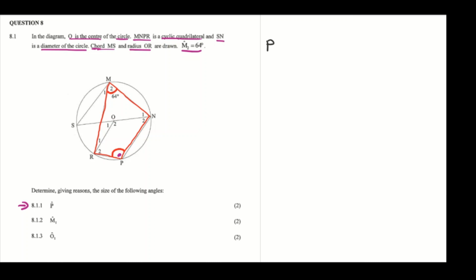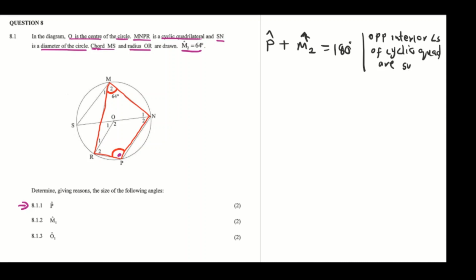So we're going to say angle P plus angle M2 is equal to 180 degrees. And then I'm going to indicate the reason, saying opposite interior angles of a cyclic chord are supplementary, right?